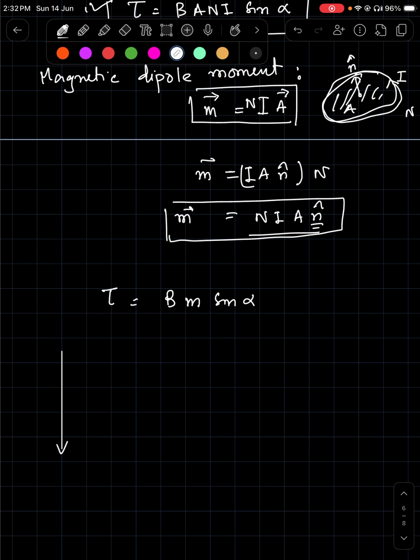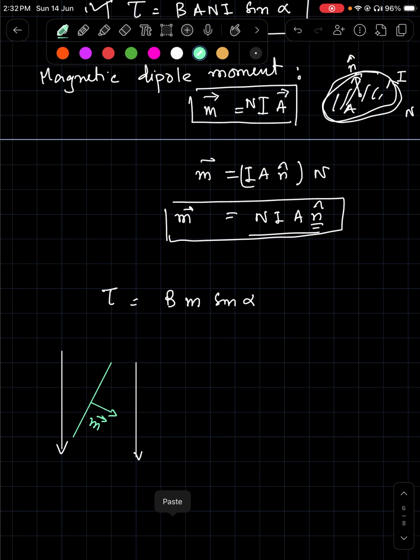So this is B, and this is the n cap, and this is the direction of the m vector. I'm not writing n cap now; I'm writing the direction of the m vector.